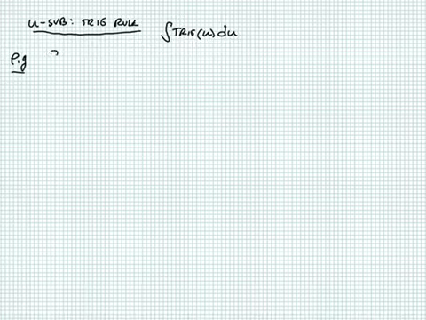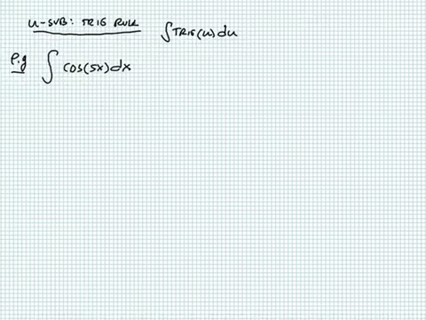Let's say I have the antiderivative of cosine of 5x dx. This isn't something we've been able to do before, because we were able to do cosine of x. I know that the antiderivative of cosine of x is sine of x plus c, but now I've got this 5x term in here.